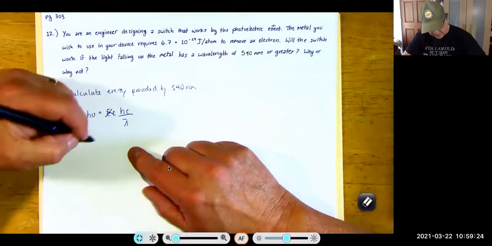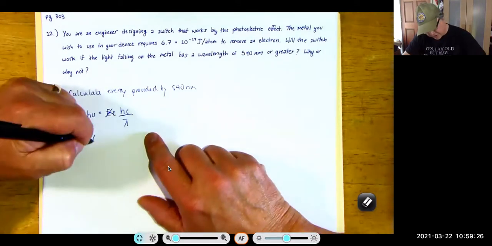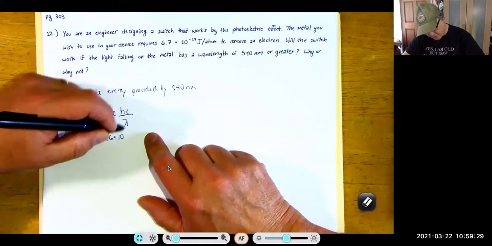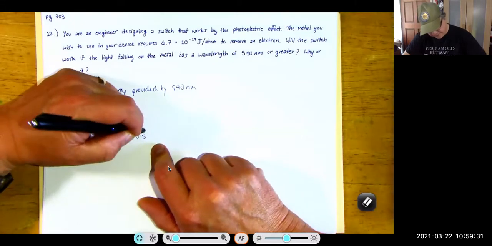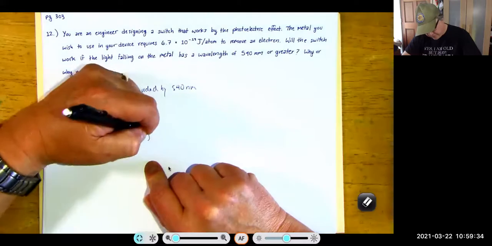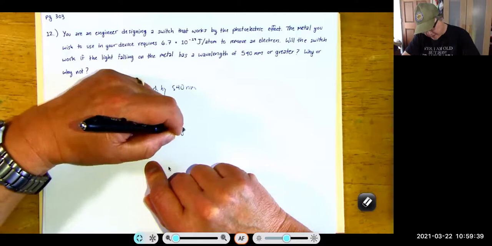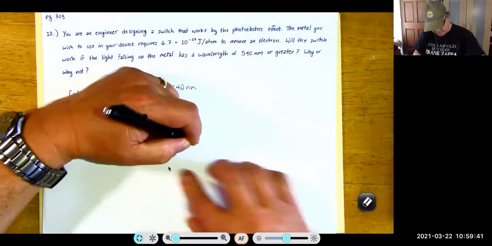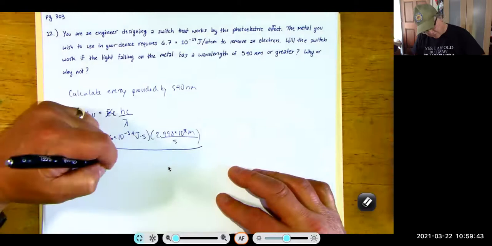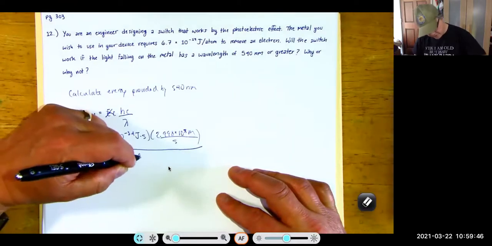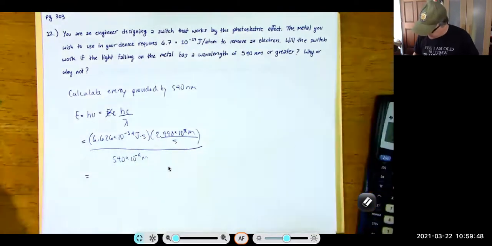So here we can actually plug these numbers in. We get 6.626 times 10 to the minus 34 joule seconds, times 2.998 times 10 to the 8th meters per second, all divided by 540 times 10 to the minus 9 meters. So let's calculate this energy. 6.626, I should just memorize this product, but I don't, times 2.998.